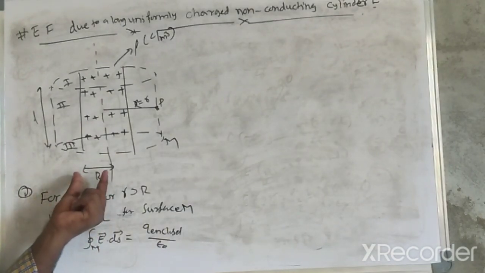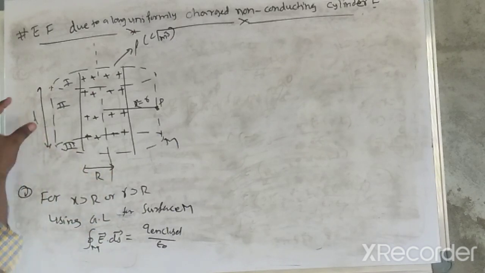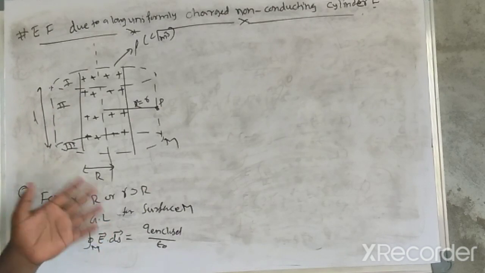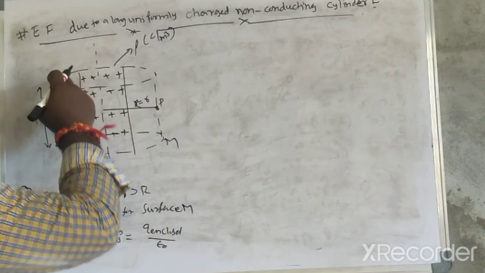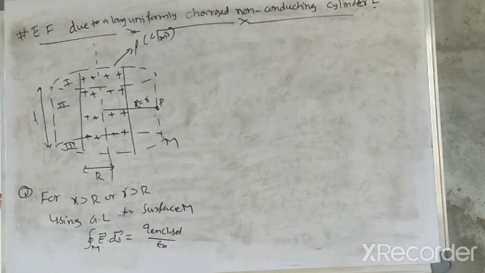Area is nothing but pi r square, into length. So here, the electric field also, three surfaces: first, second and third. First one and third one cancel each other.